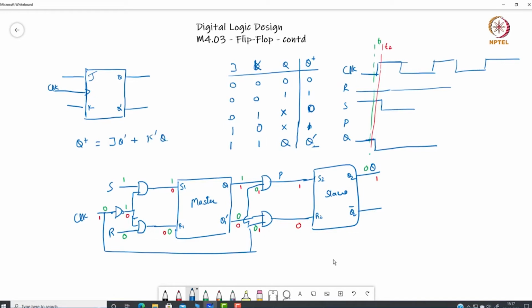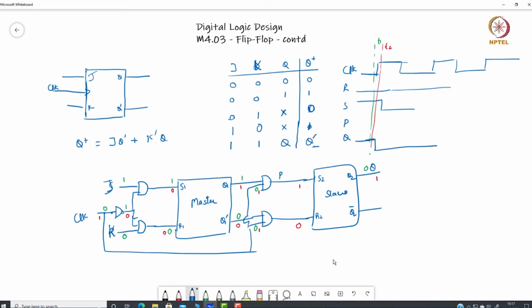And as far as implementation is concerned, the implementation is very similar to my RS flip flop. The only difference is that I will now call this particular input J and this I will call K, and similarly I will use RS master latch and RS slave latch to make sure that this invalid combination does not occur.